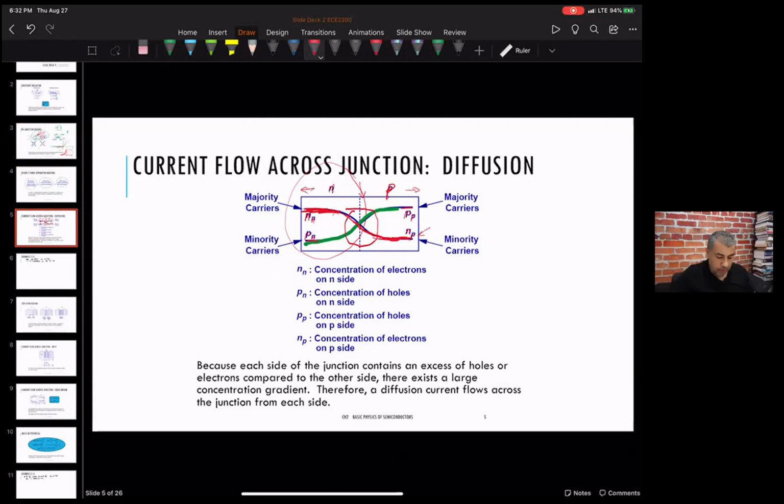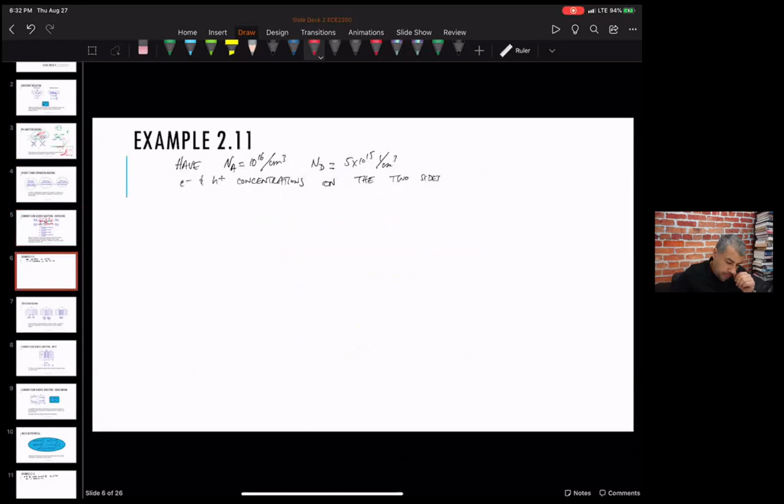Okay, but before doing that, let's do an example. I'll give you guys maybe five minutes to give a shot at this. This is actually example 2.11 in the book. We have a PN junction, and let me draw it the same way I did here.